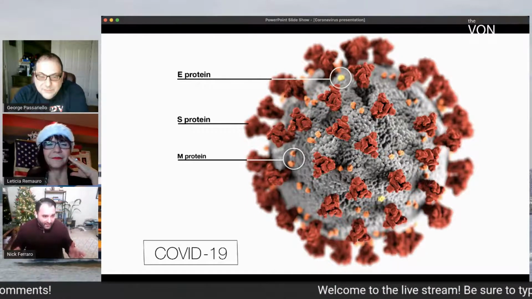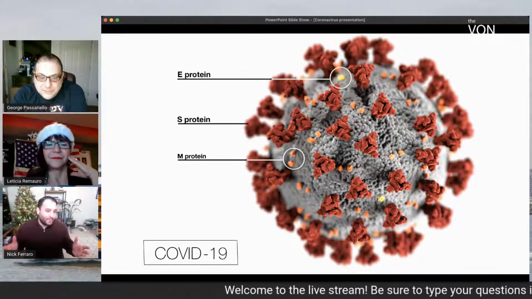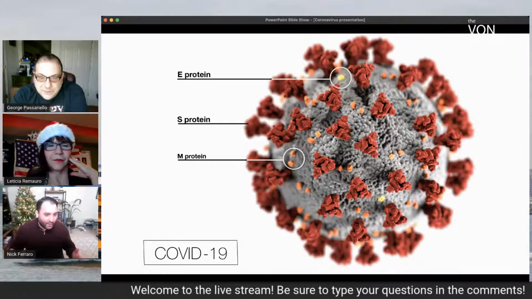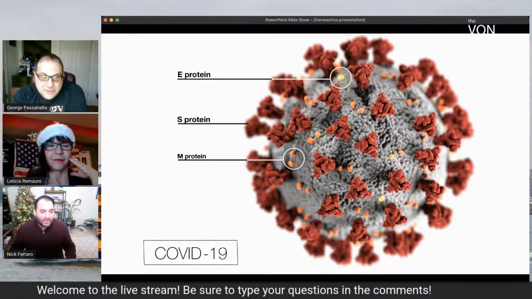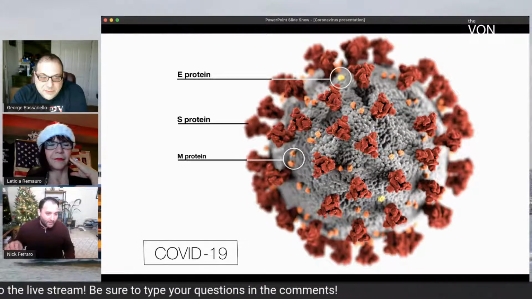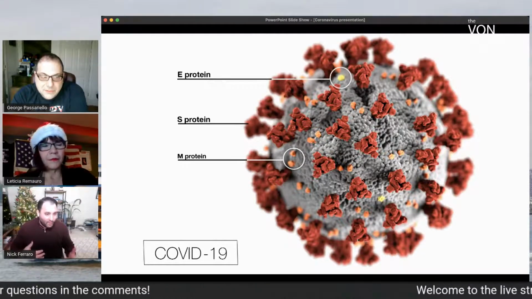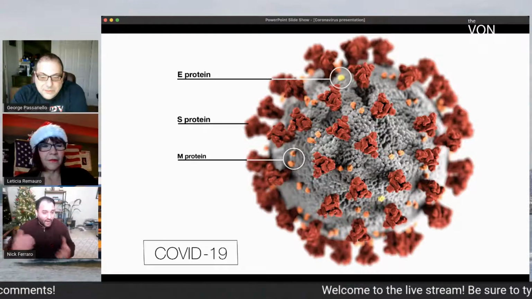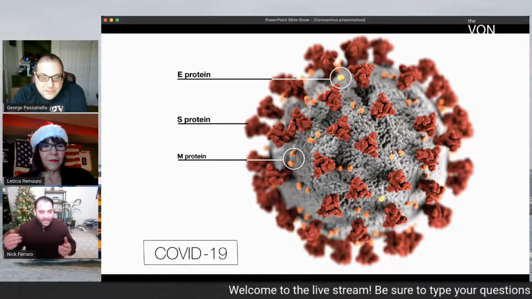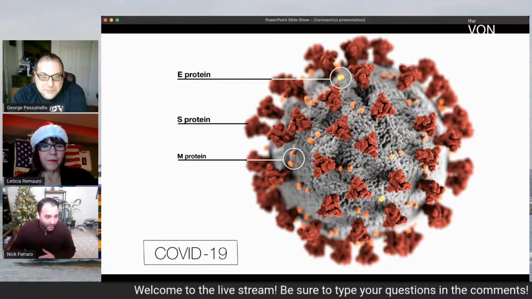So on all of our cells, you have these receptors. They're like doorways. We teach the kids lock and key, right? You have to put your key in the lock in order to get through the door. So these receptors are the doors and the locks, and the things that bind to them, in this case the S protein, is what opens that doorway.